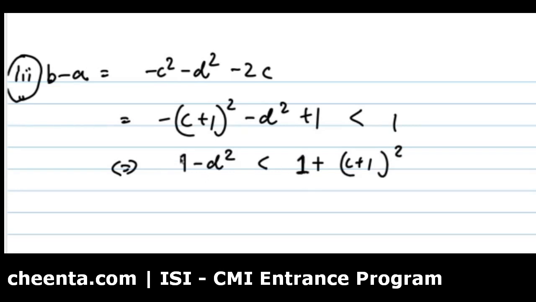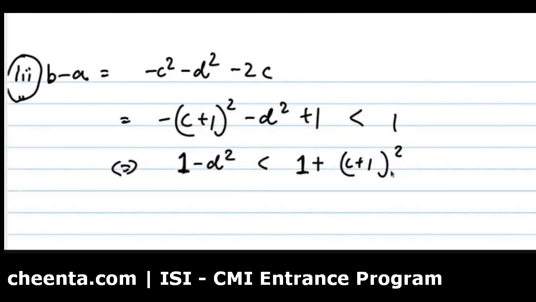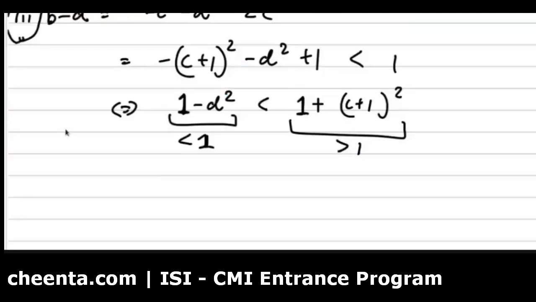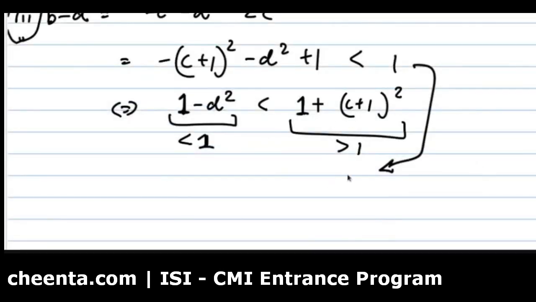This is true, because 1 minus d square is anyway less than 1, and this is anyway greater than 1. RHS is greater than 1, this is less than 1. So this is anyway true. So from here, we can say that b minus a is less than 1. Right.